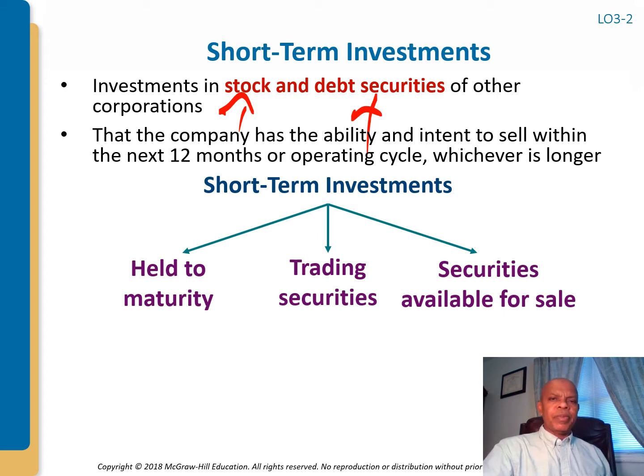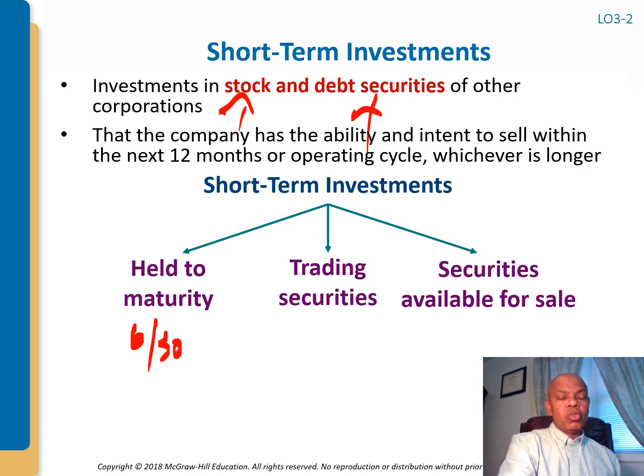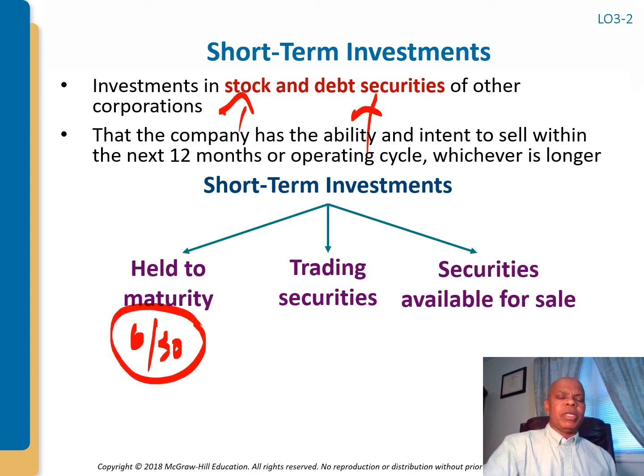Short-term investments can also be divided into certain categories. Here you have held to maturity. If you buy a bond today, January 1, and it matures 6/30, or it's a 1-year item maturing 12/31, you keep it, you hold it to maturity before selling.